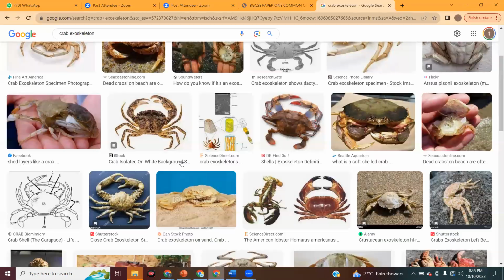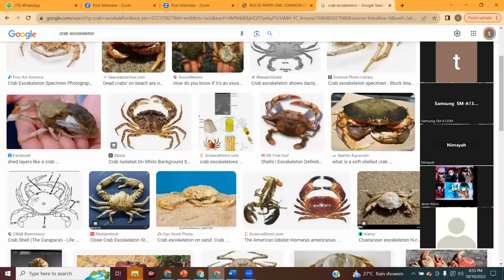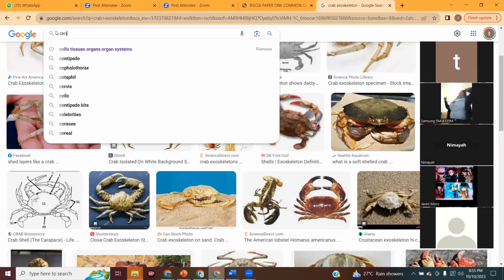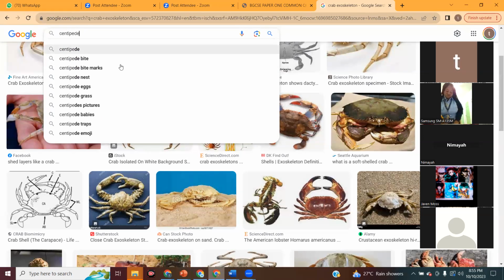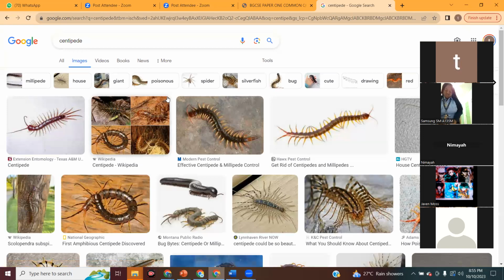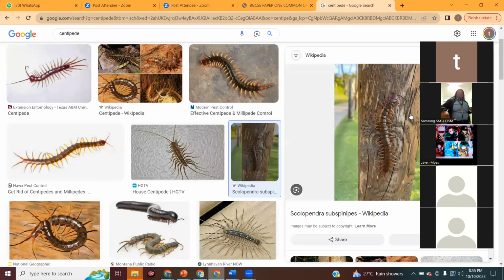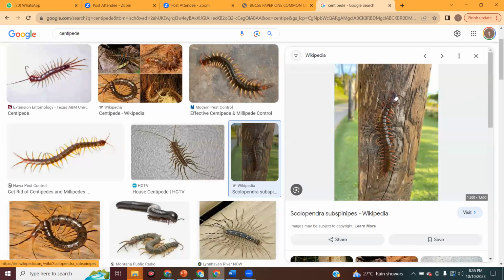Okay, let me show you a centipede in real life. If you cannot take the image, close your eyes. Let me see if they have a good picture. Yeah, these are centipedes. Anyone scared of centipedes?